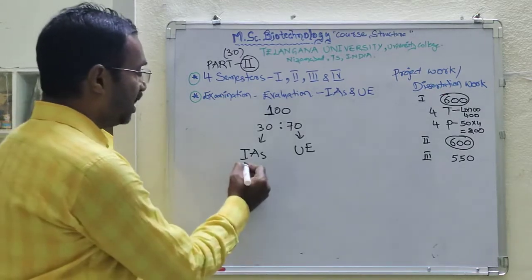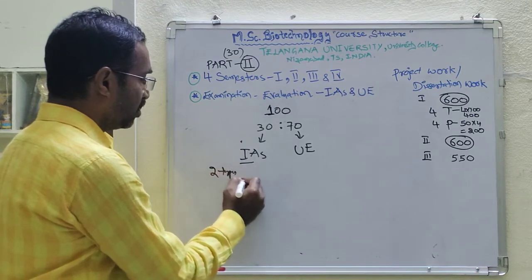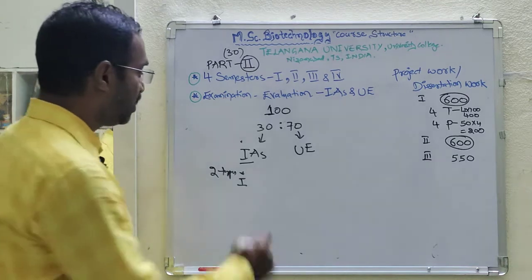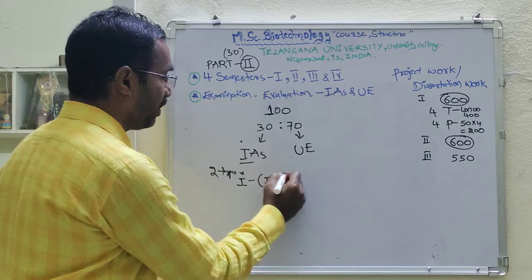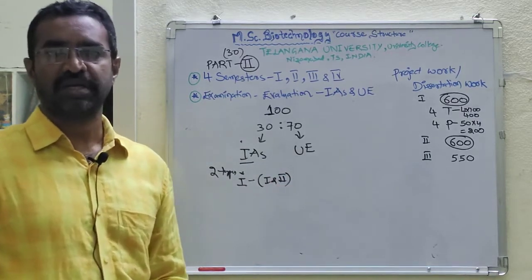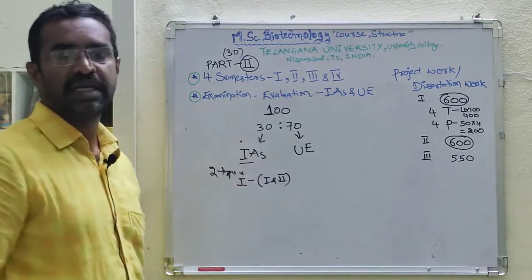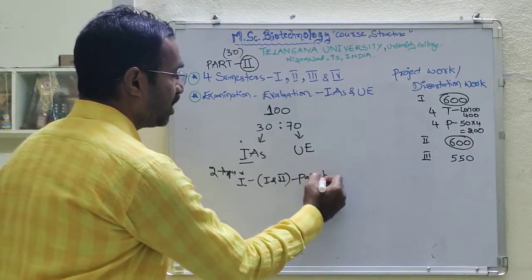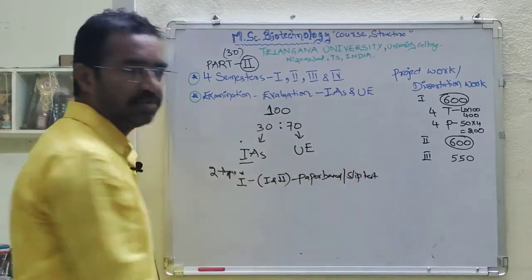This internal assessment is again of two types. The first type is done on the first and second units of each and every paper. Topics from the first and second units are considered under the first internal assessment, which is a paper based exam, also called a slip test.